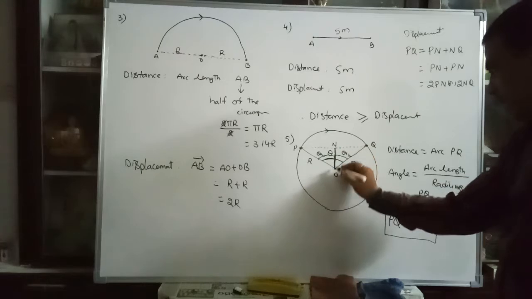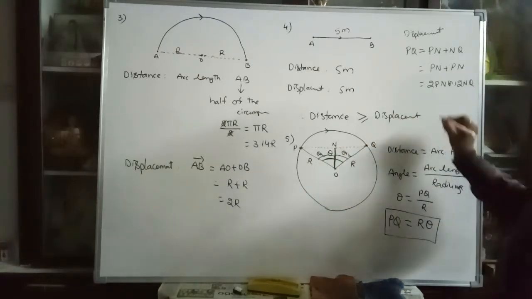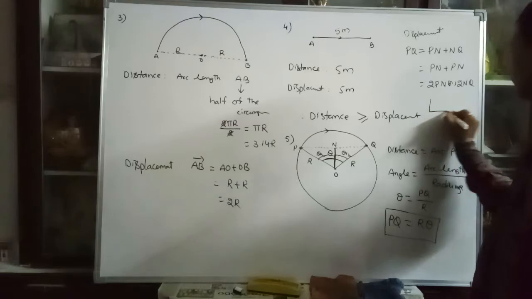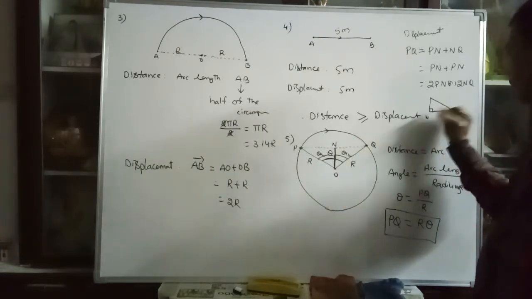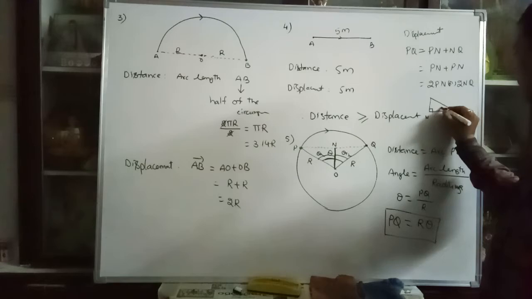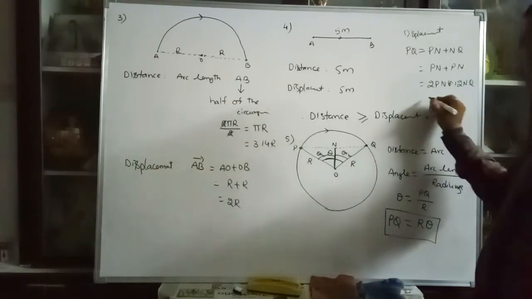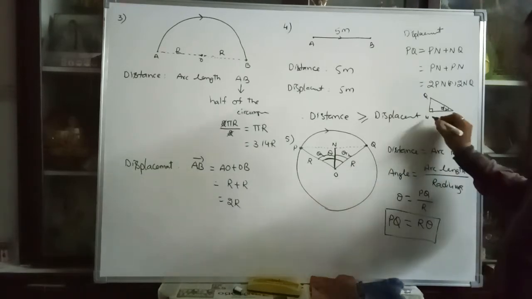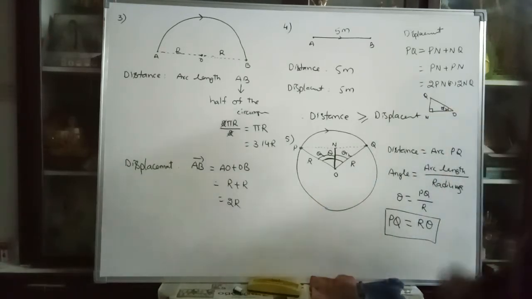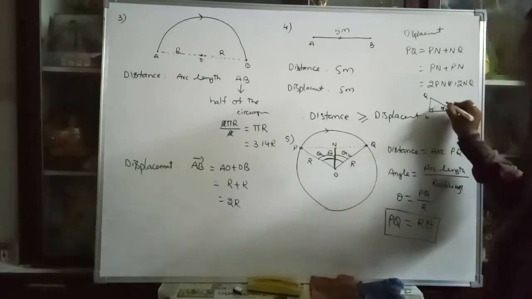So according to the triangle, particularly the right angle triangle, we can consider the sine angle like this. The triangle is like this. Here N is the perpendicular, and the angle theta by 2 exists at O, and the other point is Q. We know NQ is what we want. O to Q is nothing but the radius.